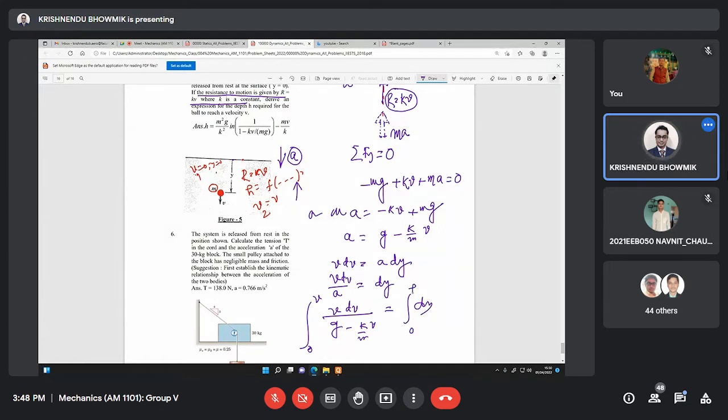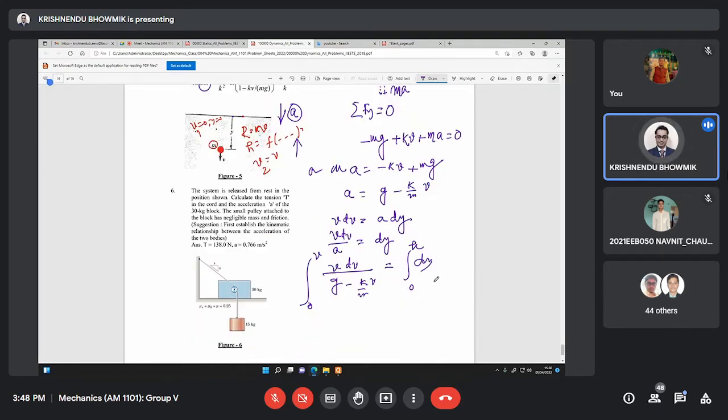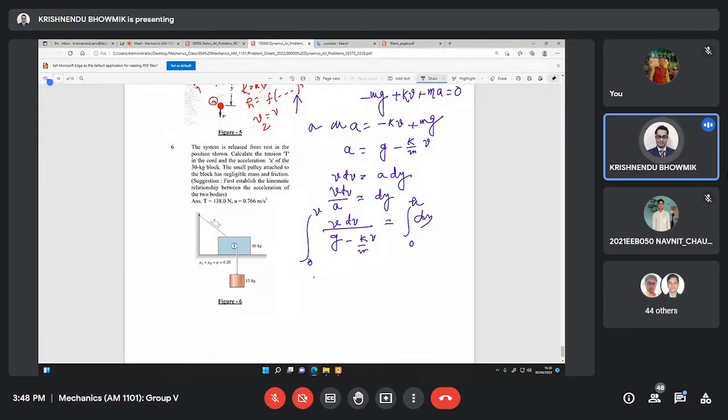h, some height equal to h, and if you do the integrations carefully, it will be h equal to m square by k square g.